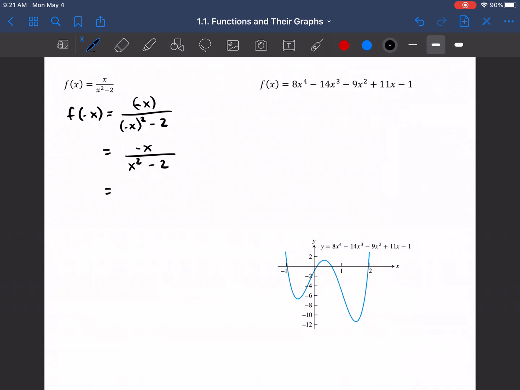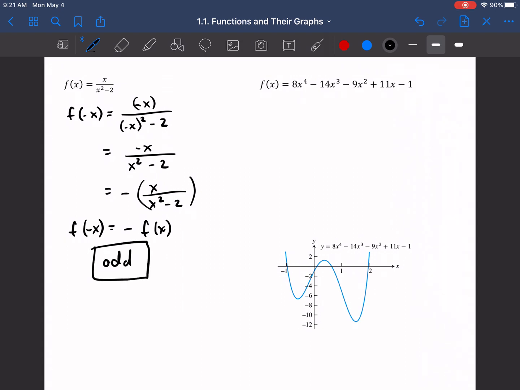We can bring that negative out in front like this, and that is simply the negative of the original function, right? This is the original function right here. It's also right there. So this is just negative f of x. That means that this function is odd.